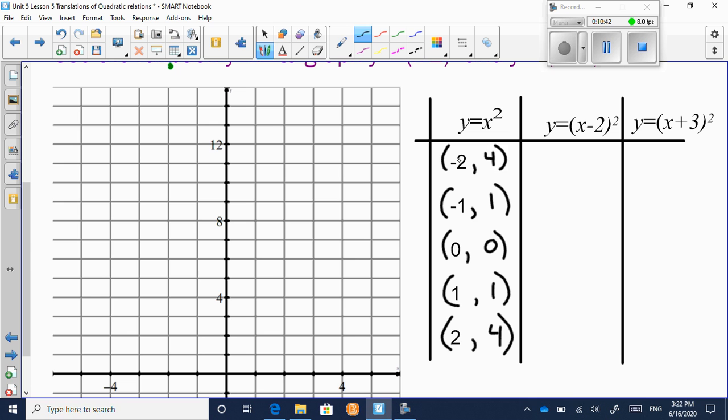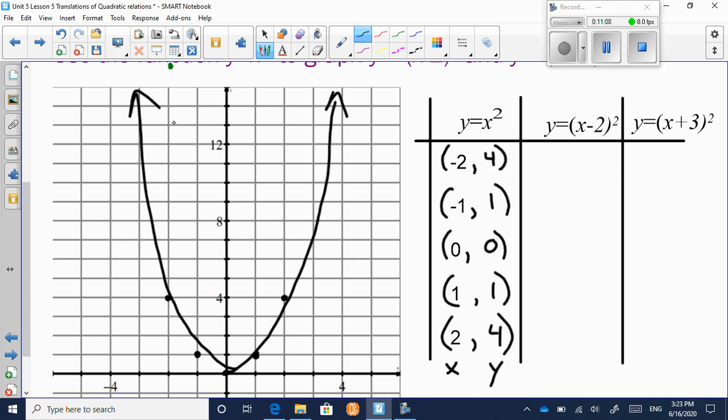Everything here, these are our x and these are our y's. Let's plot those. So -2, 4, -1, 1, 0, 0, 1, 1, 2, 4. Okay, so here it is. There's our bread and butter parabola. That's y is equal to x squared.